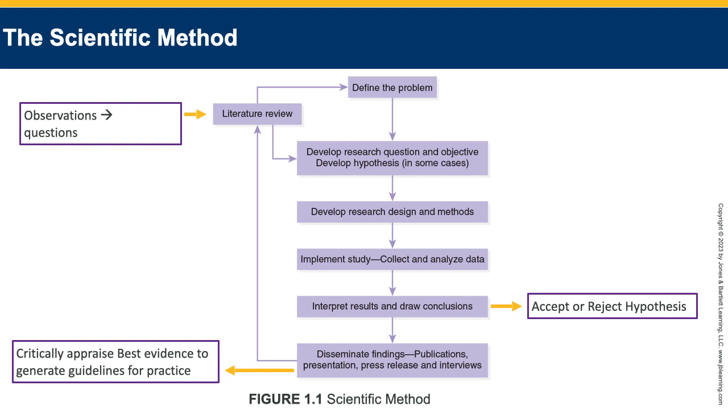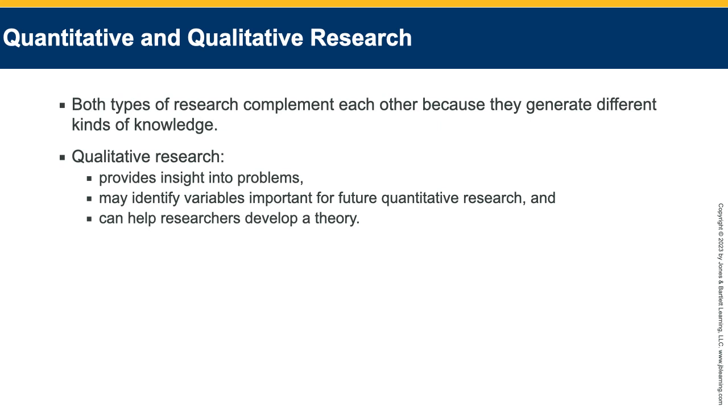Hopefully, at the end, these results are shared with others, ideally experts in your field, through peer-reviewed journals. This way, others can critique and review your research so that a higher quality of evidence is created for others to view in the future and moving forward.